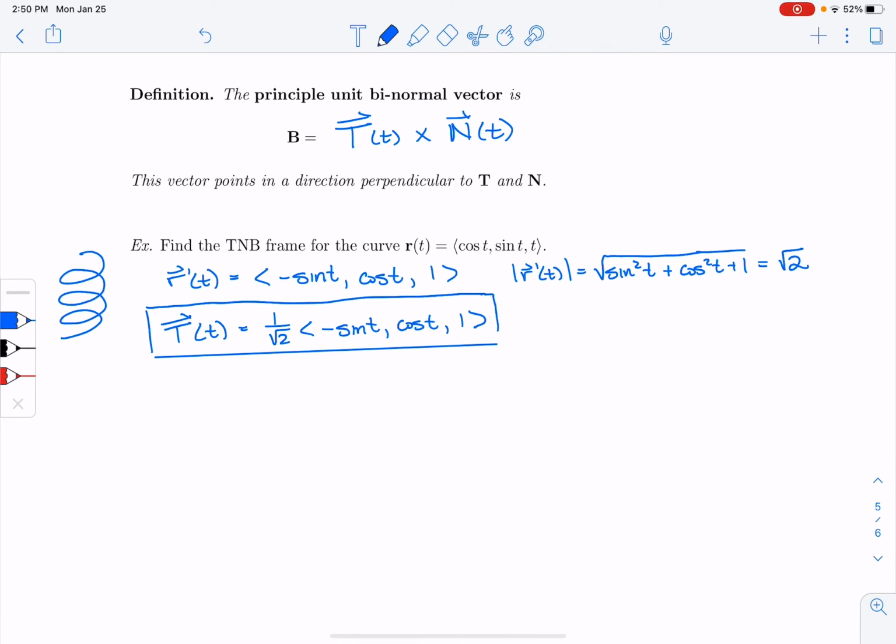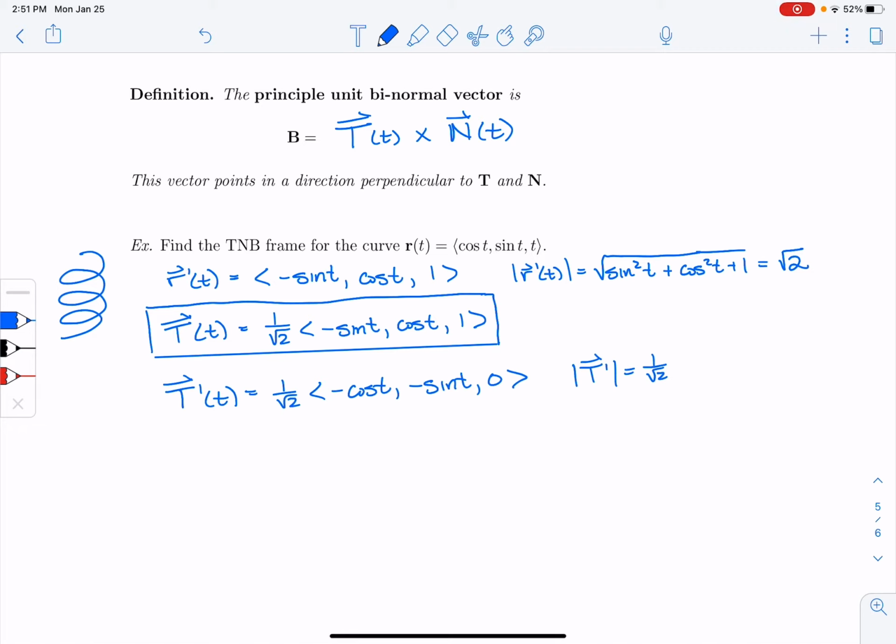Our next vector is going to be N. We know that that's going to be T prime of t, which is 1 over square root of 2 times negative cosine t, negative sine t, and 0, taking the derivative. And then we need to divide that by the length. So here I'm going to find the length of T prime. I can leave the constant 1 over square root of 2 out front.